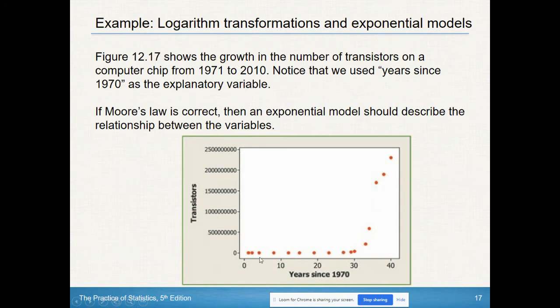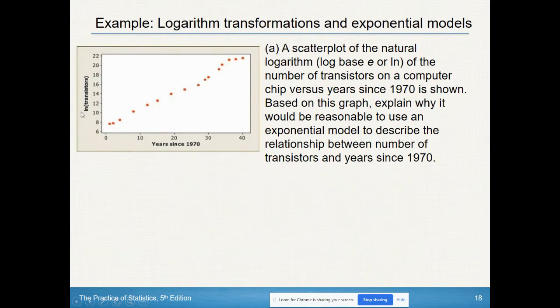In fact, it looks like it starts to grow really quickly right here, around 30 years since 1970, which would be around the year 2000. It really starts to shoot up really quick. So we take the natural log of the transistors versus the years since 1970. See, the x-axis hasn't changed at all.